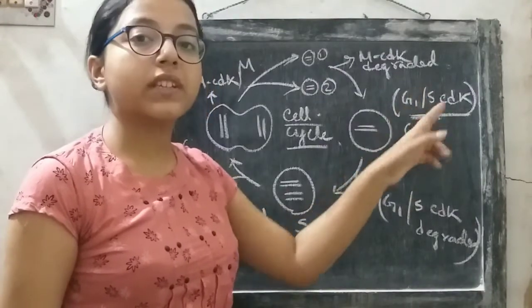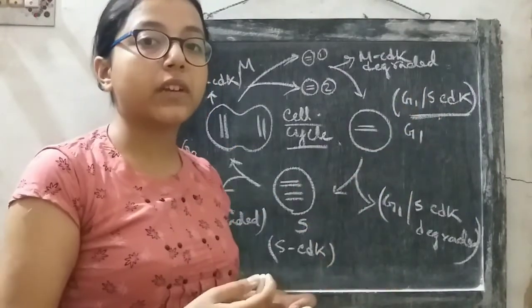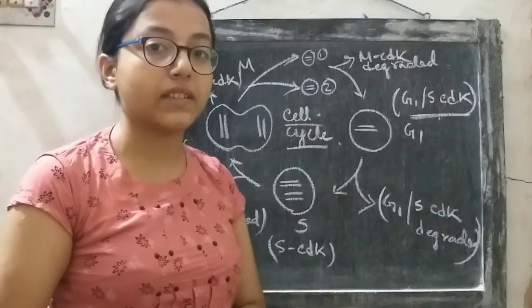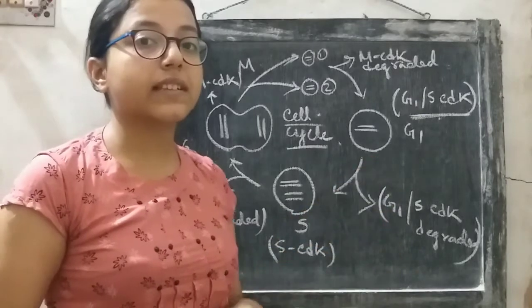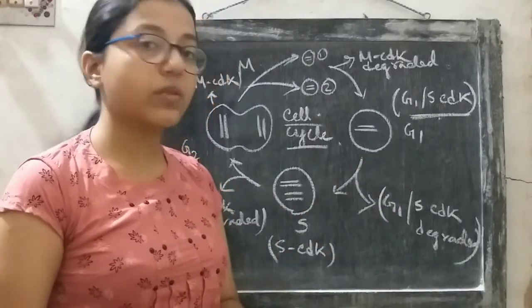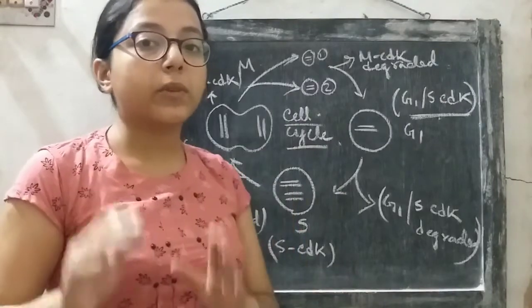So these proteins must be degraded. Once their work is over, they have performed their function, so they will be degraded by the cell. There are different mechanisms by which these protein kinases can be degraded. But the basic concept is that after the completion of function, the proteins will be degraded.